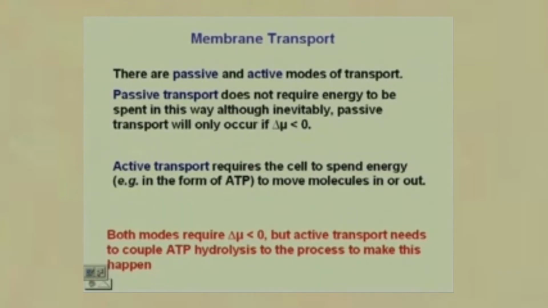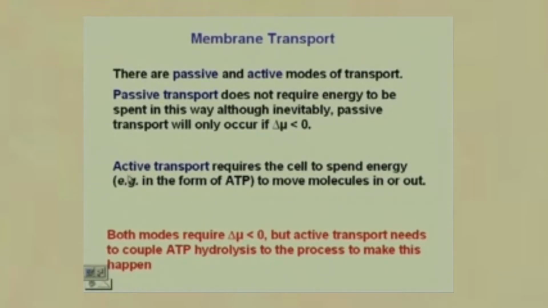When we are speaking of energy, we are speaking of the free energy. So, it is a spontaneous movement of the solute molecules from one side to the other, be it inside to outside or outside to inside. That is what is called passive transport.